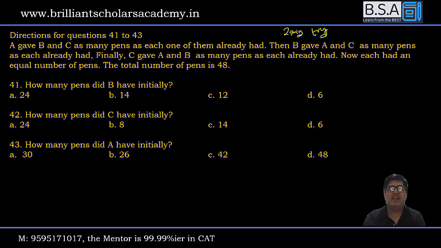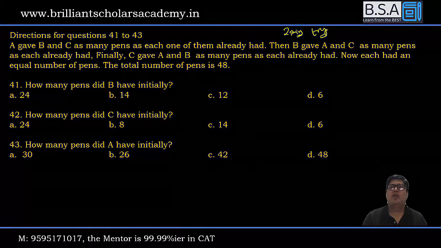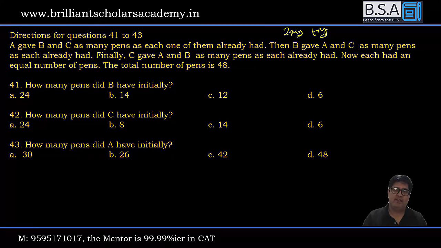Finally, C gave A and B as many pens as each already had. Now each had an equal number of pens. Total number of pens is 48.